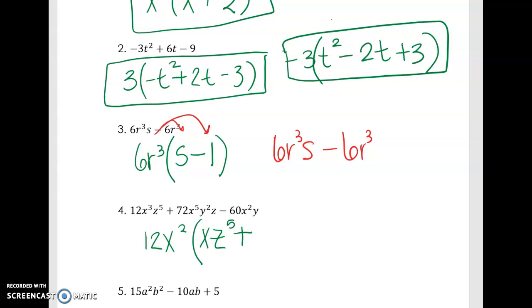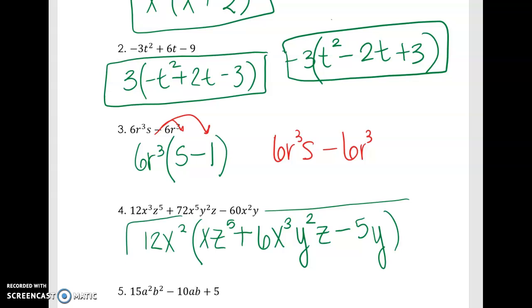Next term would be plus 6, because 12 times 6 is 72. I would need x to the third in order to multiply by x squared to be x to the 5th, y squared z. The last term would be minus 5 y. That would be my factored form.